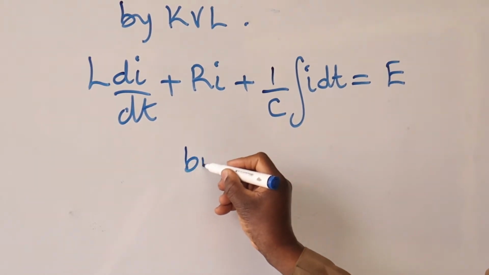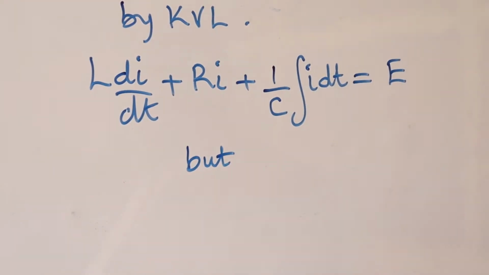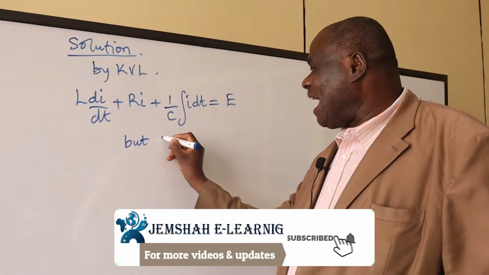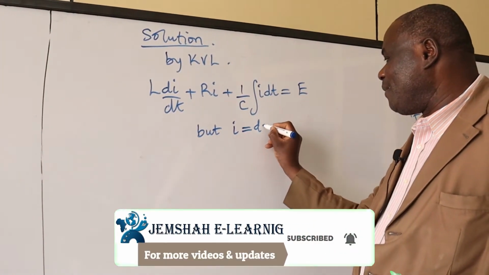But because we are being asked to get the expression for charge first, we say I is equal to dq dt.